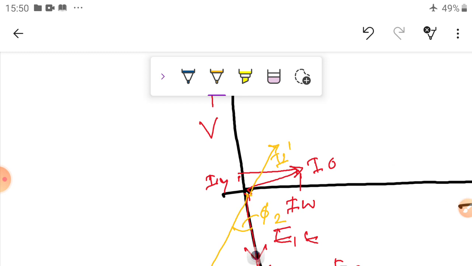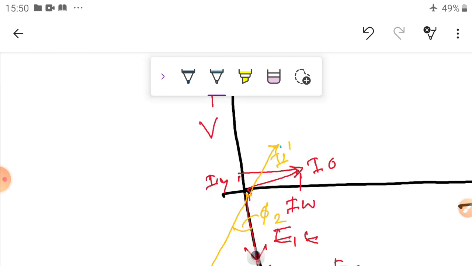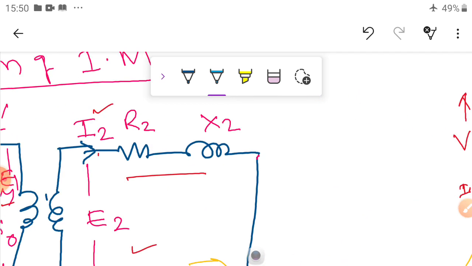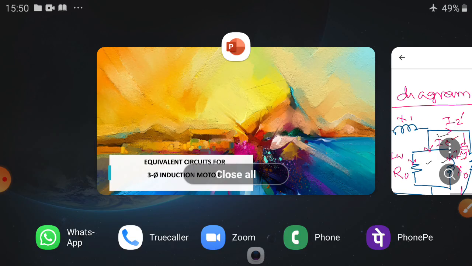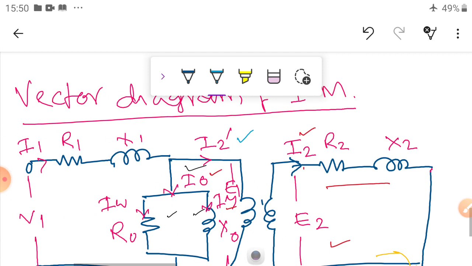So this value and this value give me the sum of the current, which is I1. So here the vector sum of I2 dash and I0 gives the I1 current.